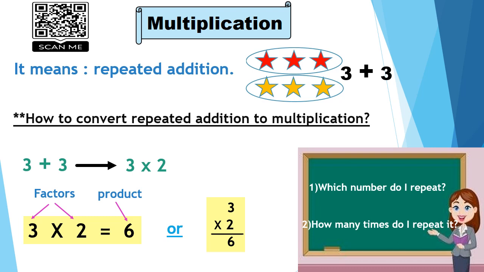So 3 times 2 equals 6: factor, factor, product. And the same here in the vertical way. If we have 2 numbers multiplied by each other, we call them factors, and the result will be the product.